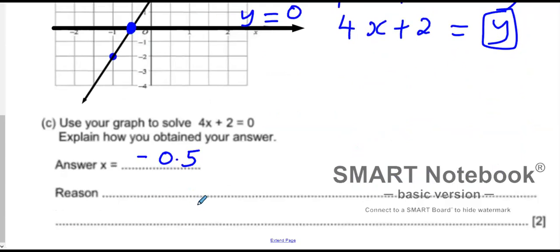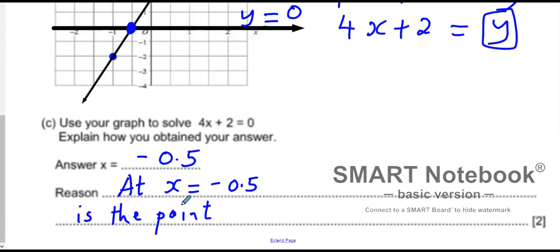Give a reason. The reason is that x equals negative 0.5 is the point where y equals 0.